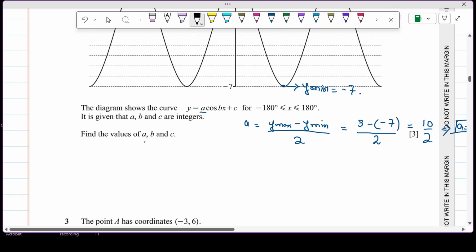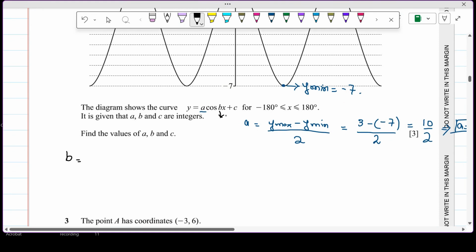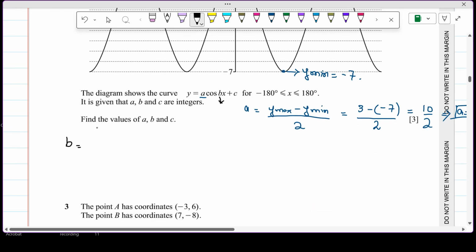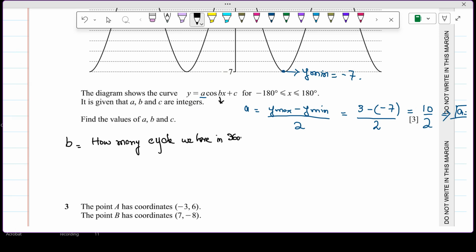Now we need to find the value of b. B represents how many cycles we have in 360 degrees.